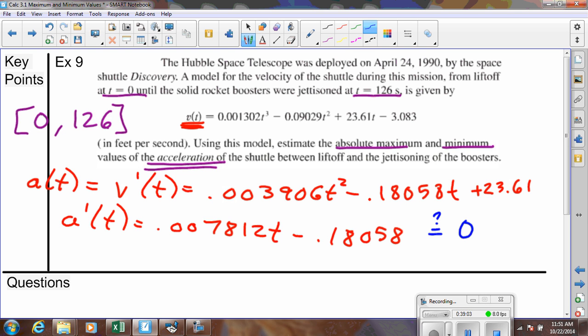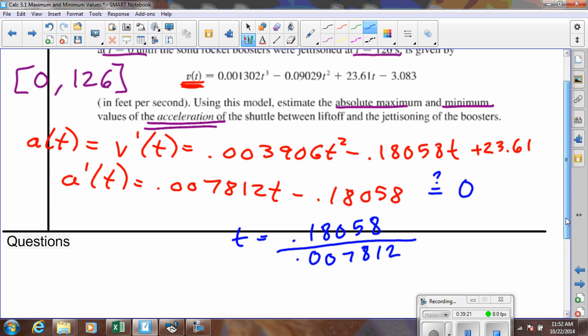Well, that would be when t is equal to 0.18058 over 0.007812. So let's plug that into our calculator and get our critical value. Students are doing that one for me, and we got an approximate value of 23.1157.